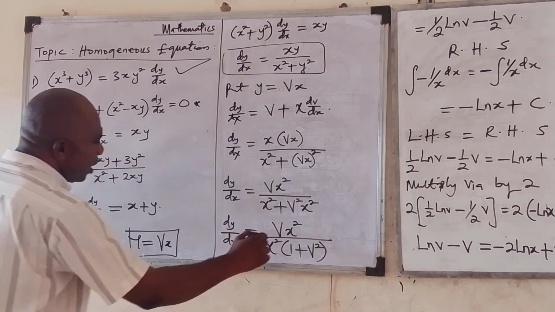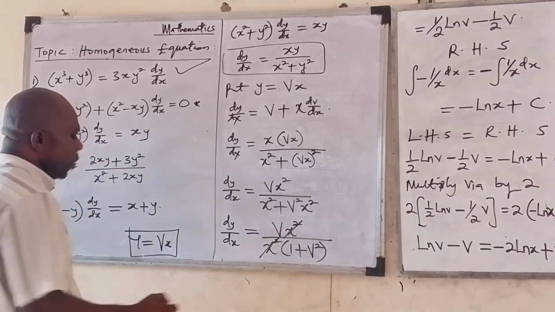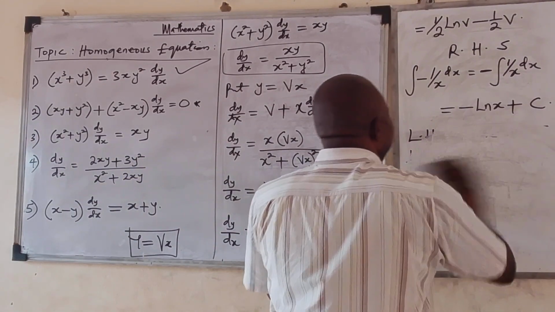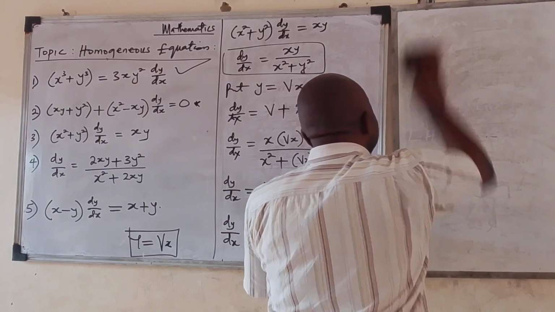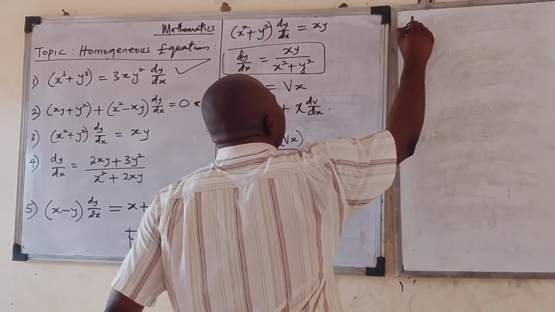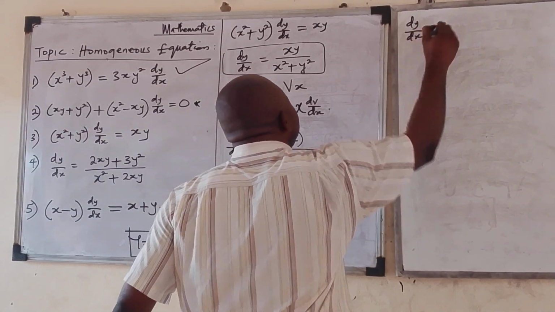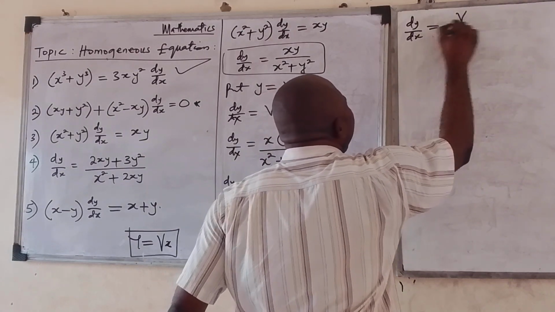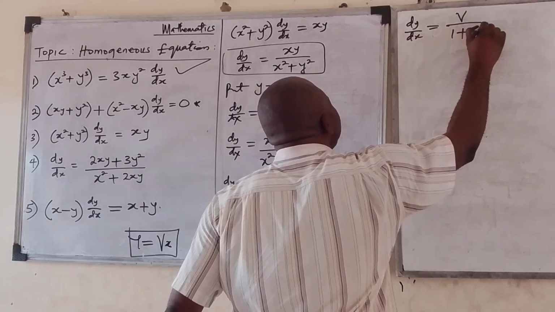So this x squared will go with this x squared. So we'll be left with dy/dx will be equal to v all over 1 plus v squared.